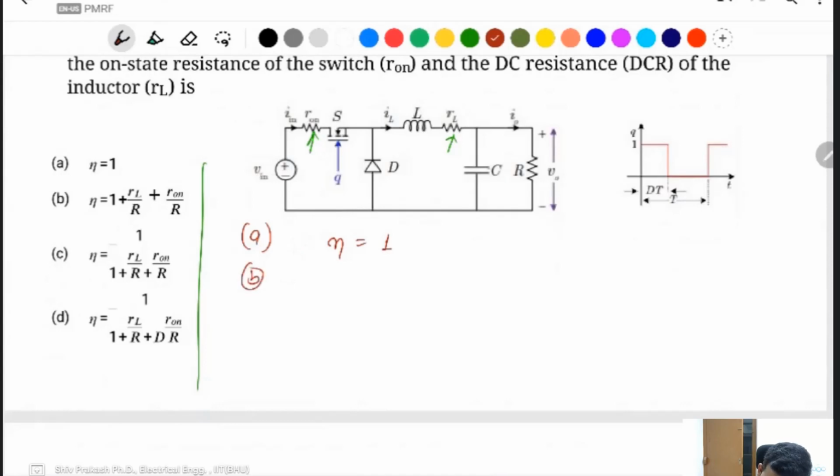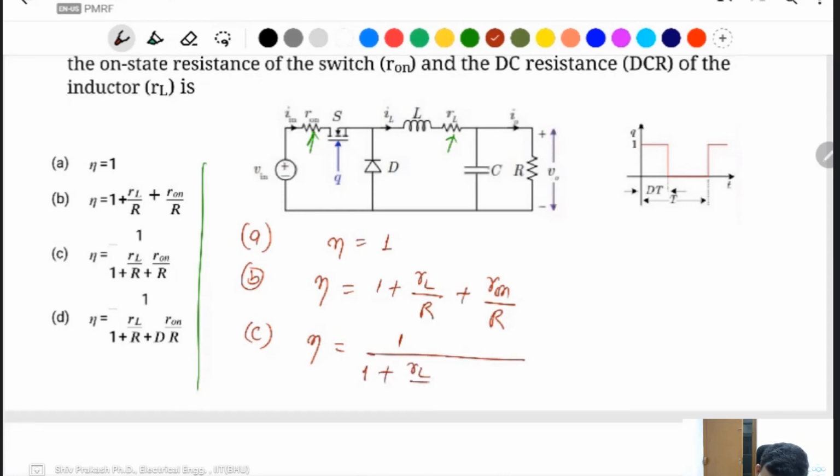B, efficiency 1 plus RL divided by R plus R on divided by R. And C, efficiency is 1 divided by 1 plus RL divided by R plus R on divided by R. D option is efficiency of 1 divided by 1 plus RL divided by R plus D R on divided by R.